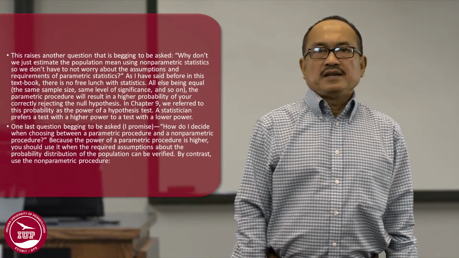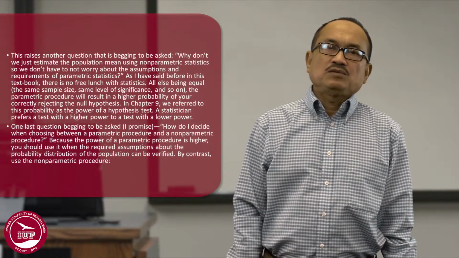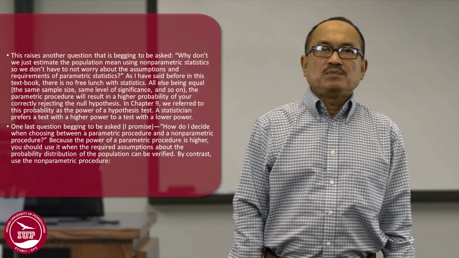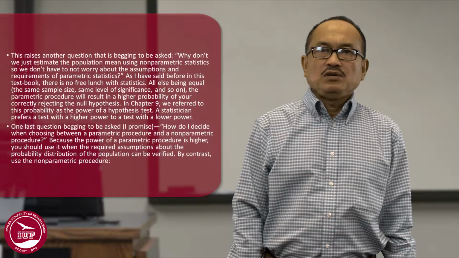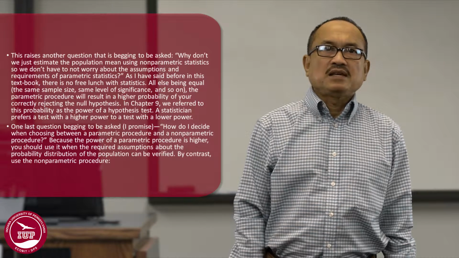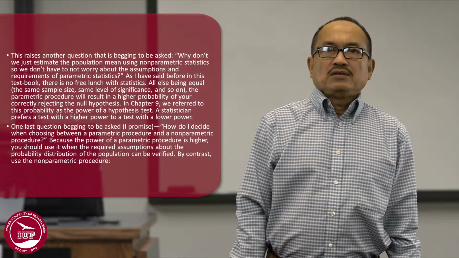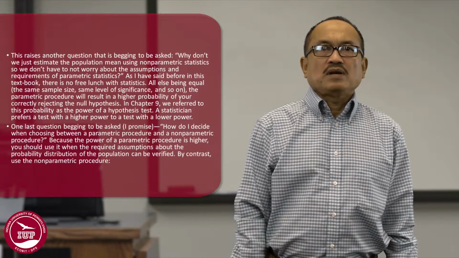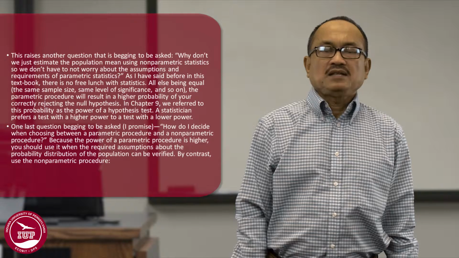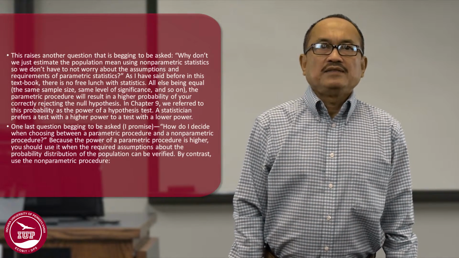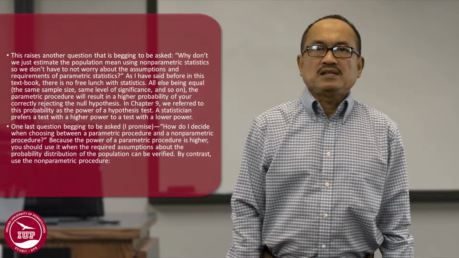This raises another question that is begging to be asked. Why don't we just estimate the population mean using non-parametric statistics so we don't have to worry about the assumptions and requirements of parametric statistics? As I have said before in this textbook, there is no free lunch with statistics.